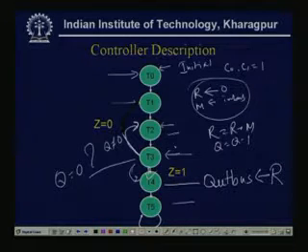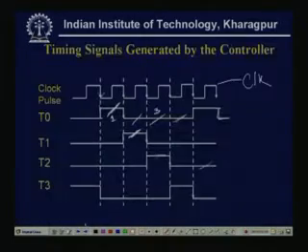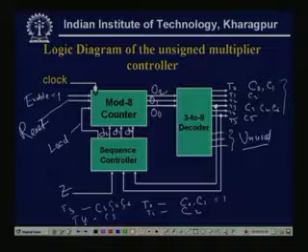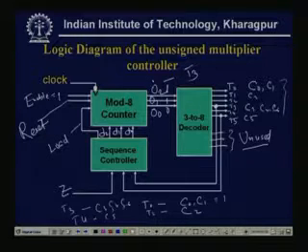So, from the controller state diagram, if the present control state is T3, the counter outputs O2, O1, O0 will be 0, 1, 1. So, when the state is T3 and if Z equal to 0, the next state is T2.